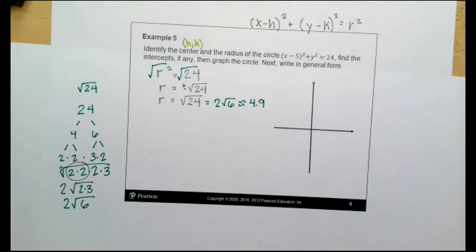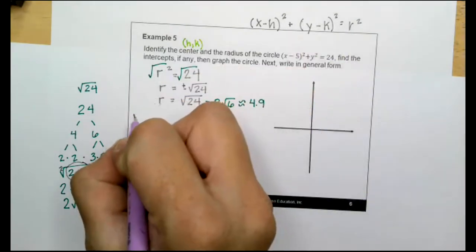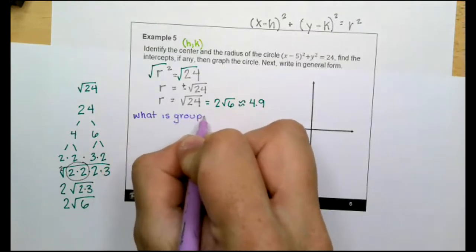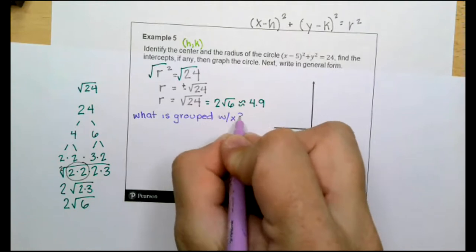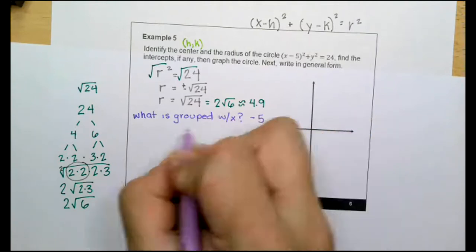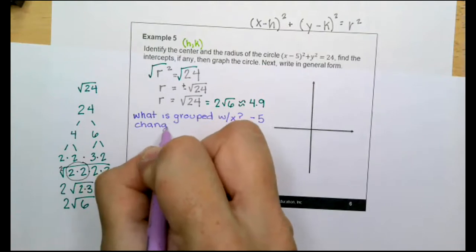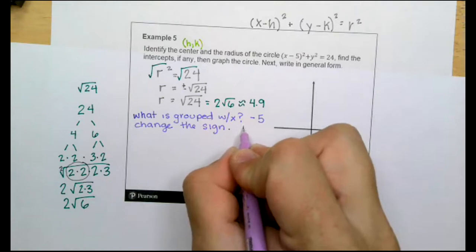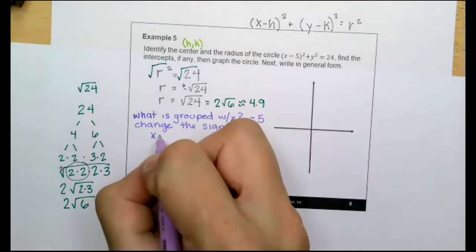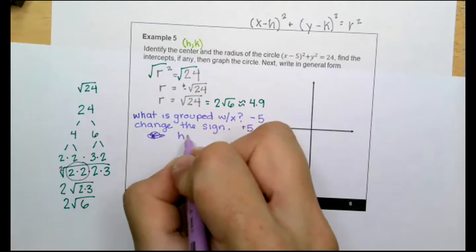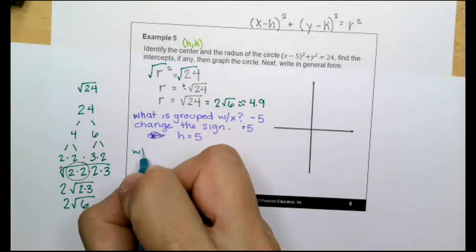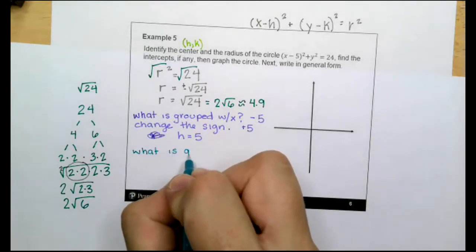So now let's find the center, right? Remember, we ask what is grouped with x? It's a minus 5. Change the sign, so now it's a plus 5. So h is 5. Again, what is grouped with y?